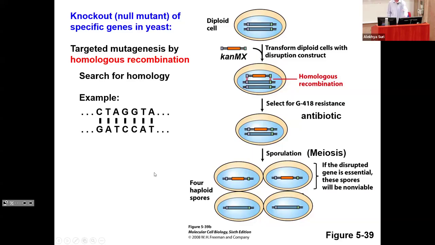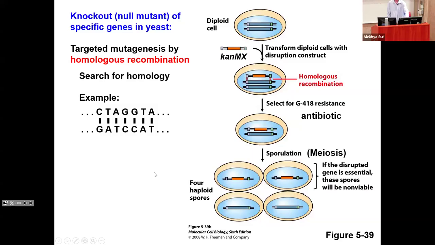The flanking sites of this PCR product look for homology with the flanking areas of the gene to be knocked out, so you replace the gene of interest with the marker gene.